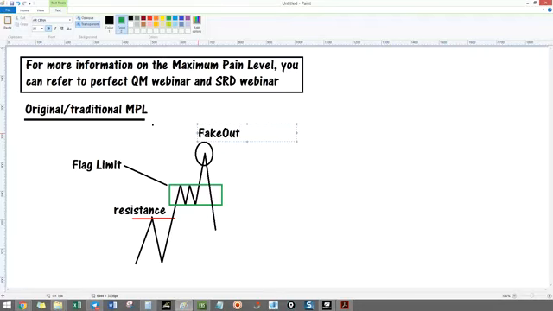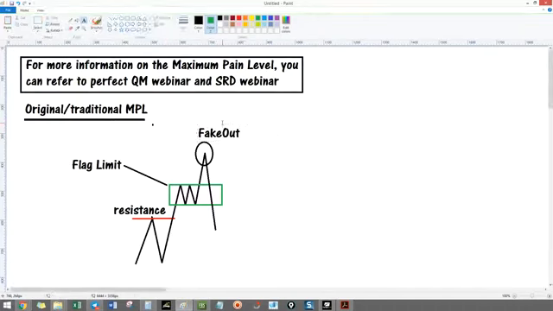And then after the break of the flat limit, it will make another flat limit. This one I need to make longer. Okay.